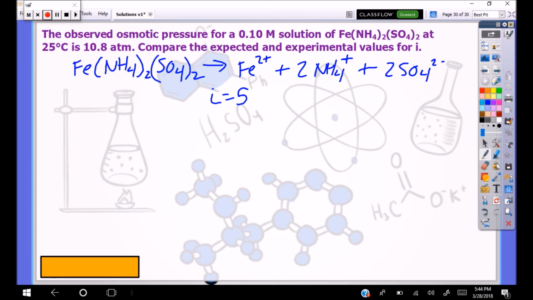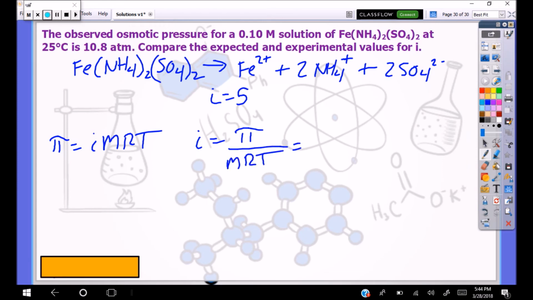So typically i should be 5. We want to figure out what it actually is. If this solution's fairly concentrated, we could have ion pairing and therefore a deviation. So let's look. We know that pi is equal to i times MRT, because now we're looking at an ionic solution. We want to rearrange, so i is equal to pi over MRT.